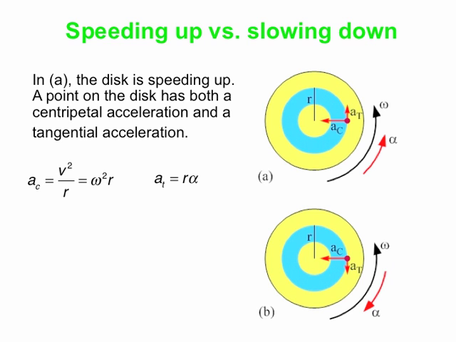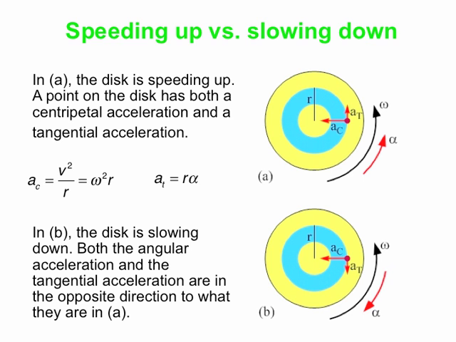Okay, in the bottom picture, we have the same omega, the same point, but the difference is that this disk is slowing down as it rotates counterclockwise. The top one was speeding up. At that instant in time, we have exactly the same centripetal acceleration if we have the same omega, so we still have omega squared r, but that would be decreasing as time went by because the alpha opposite in direction to the omega makes the disk slow down.